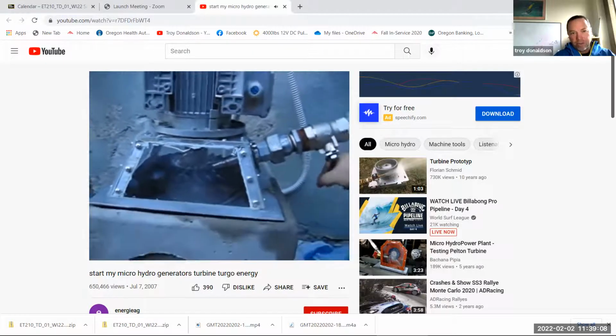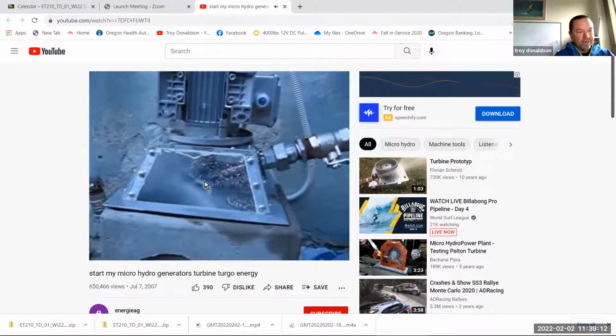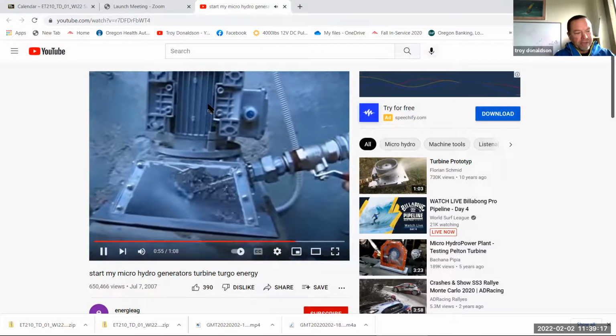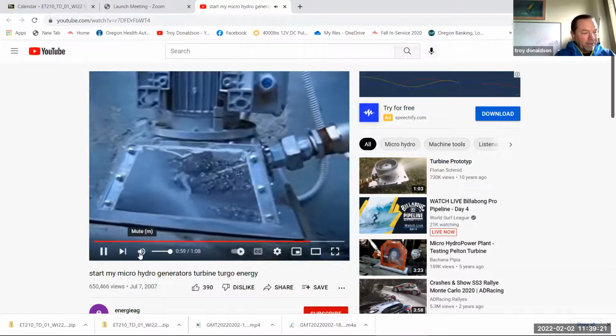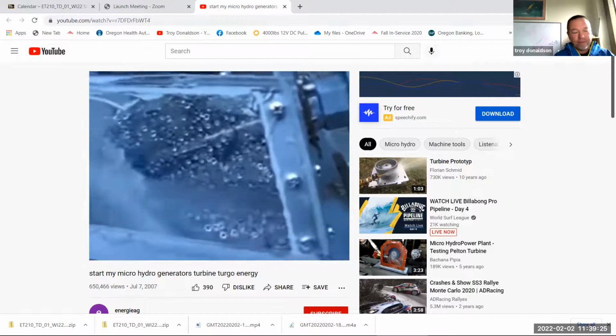So a whole bunch of pressure can get generated here. I'm starting to turn it on. This is the generator that will create the electricity. Once the system is set up, it literally can run 24/7.